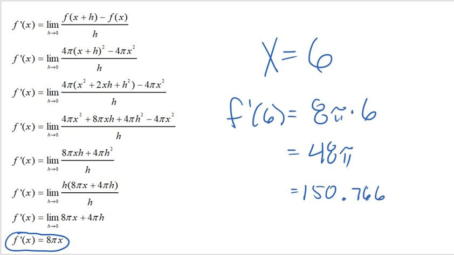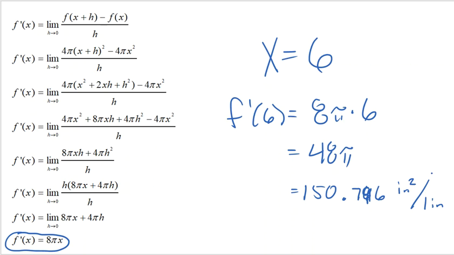That's going to be inches squared per 1 inch. So as the radius gets bigger by 1 inch, the volume, or not the volume, oh my gosh, I'm sorry, the surface area gets bigger by 150.796 square inches at that moment.